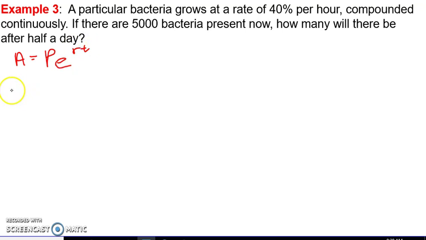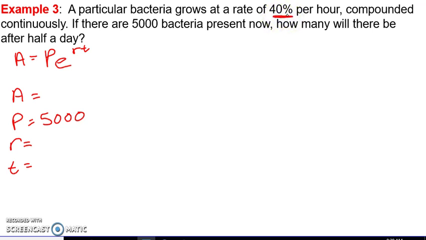I also like to go ahead and list out what are the things that I know. I know that my principal, or my starting amount, is going to be 5,000 bacteria. I also want to look at what happens with rate.